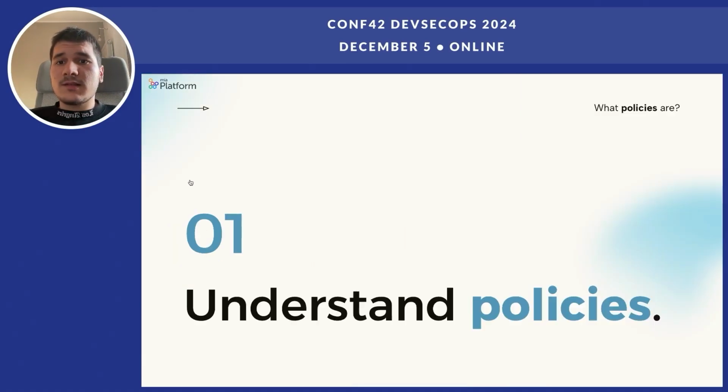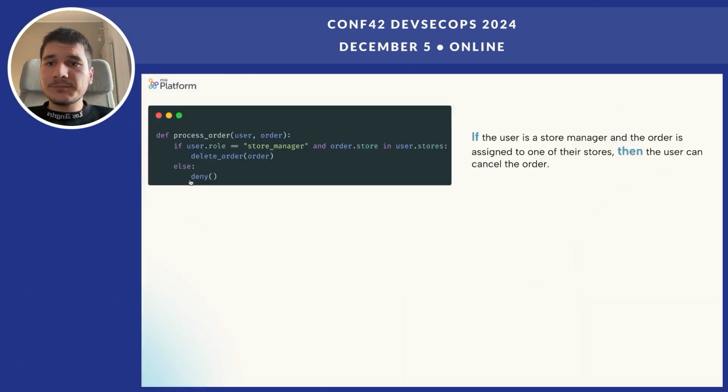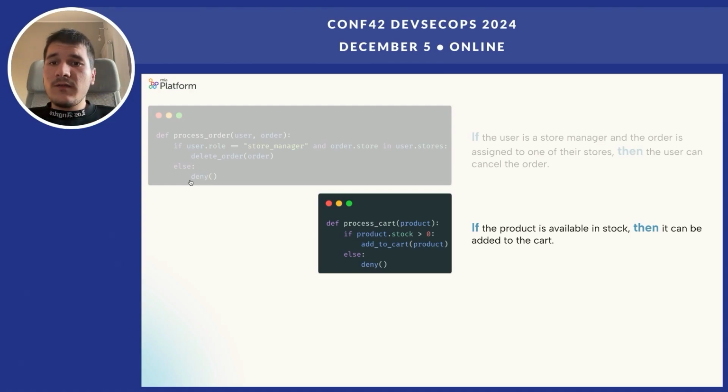Before diving in, let's start with the basics and understand what we mean by policies. When we think about policies, we often immediately associate them with roles and users. And this is correct. A rule that governs a specific role's access to a particular resource is in fact a policy. However, even an instruction that defines the behavior of a system based on the value of a certain property can also be considered a policy.